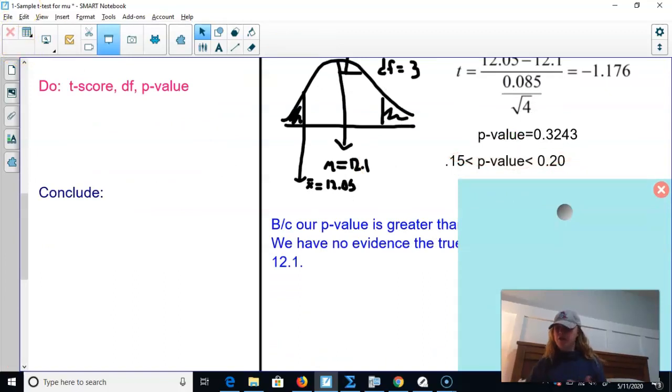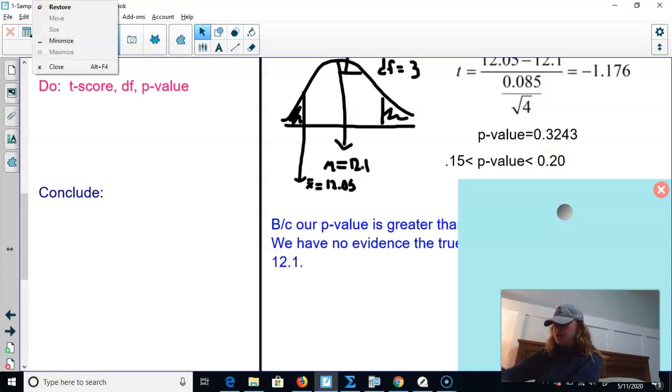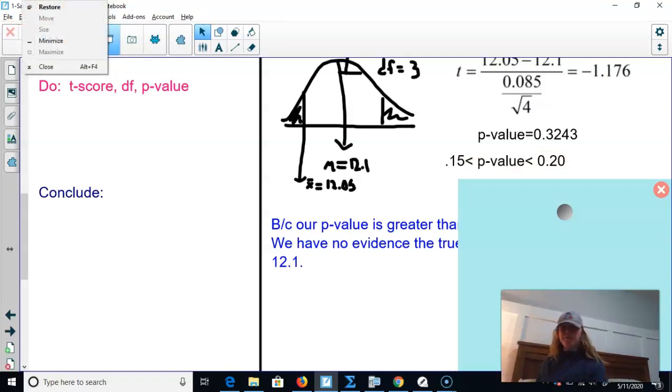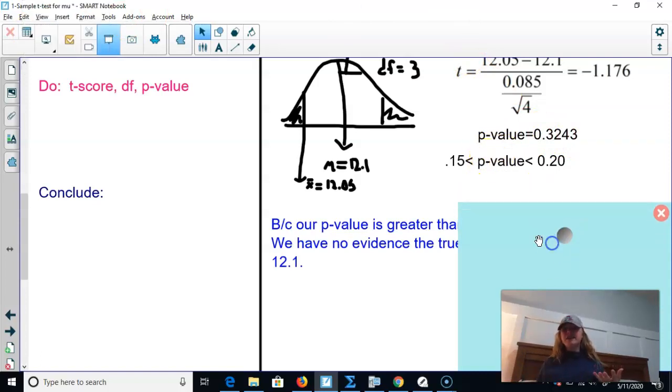Here's the catch, though. Oh, shoot, my cursor just dropped. Give me a second. The catch is that the p-value from the calculator does not fit that. Why? And the answer is because it's two-sided, a not equal.